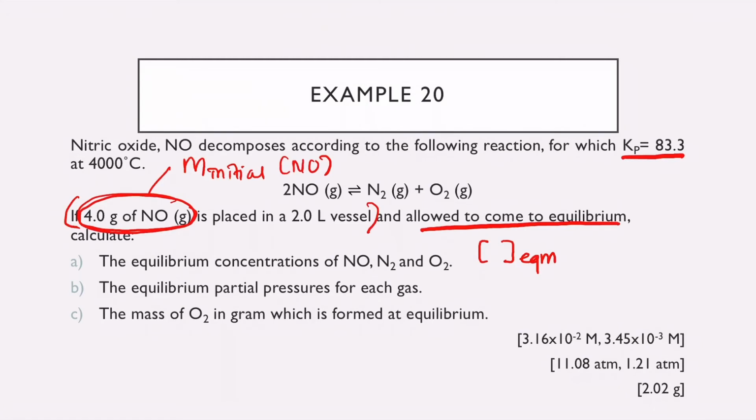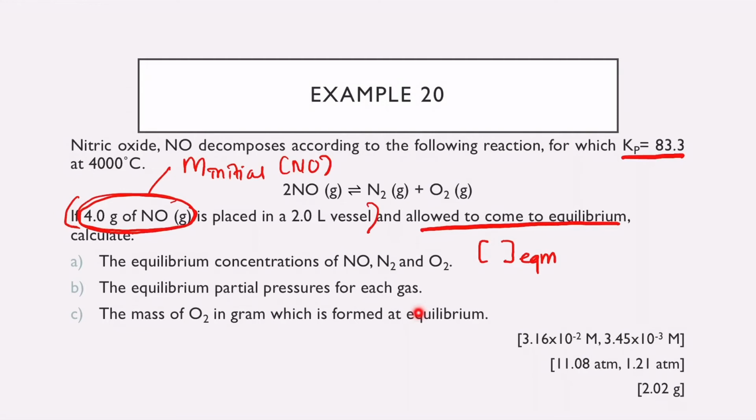Okay. After finding the concentration, the question asks you to find the equilibrium partial pressure for each gas. To find the equilibrium partial pressure for each gas, what can you do? Okay, if you've done it up until your ice table, right, and then you found X already, so meaning you can find the number of moles of your gases.